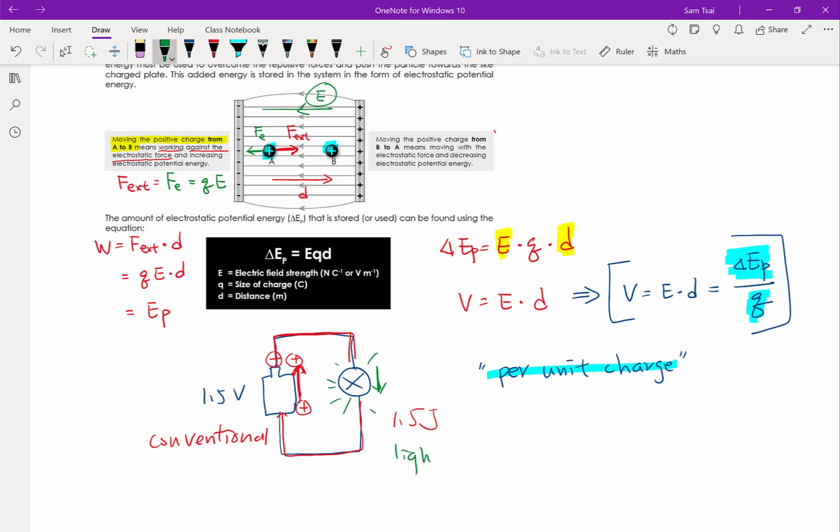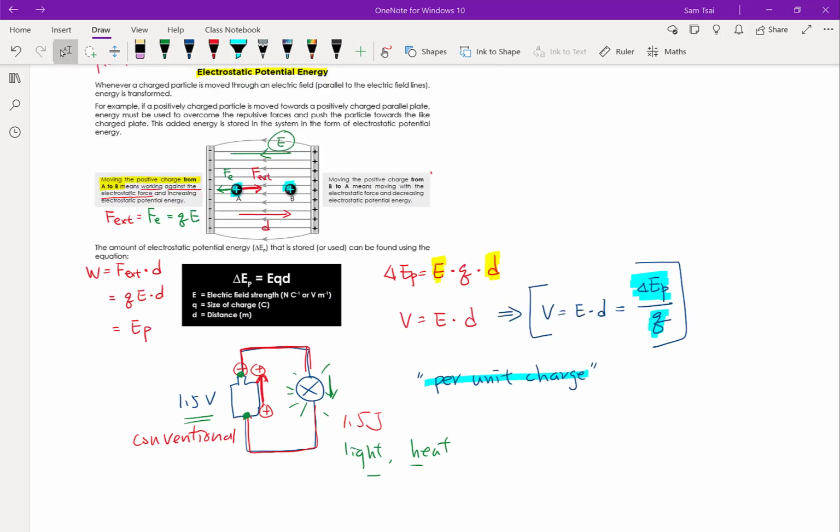Into light and heat. Okay, so this is the idea of voltage, or the concept of voltage between these two positions. The charge will gain 1.5 joule of energy when there is 1.5 volt difference.